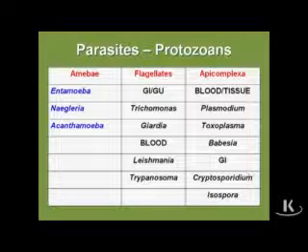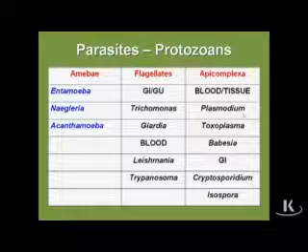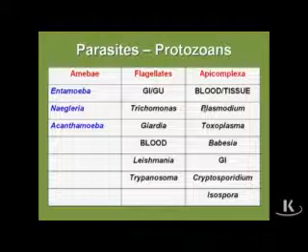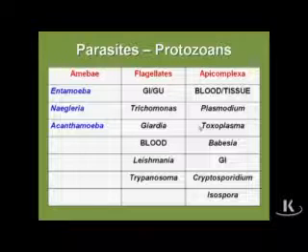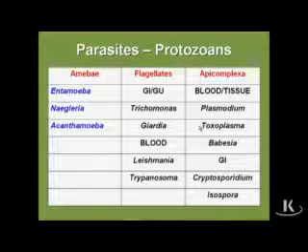Now the apicomplexa, we're typically talking about plasmodium, which is malaria. That is always high yield for the boards. Toxoplasma is also going to be high yield for step 1 of the USMLE, and babesia.